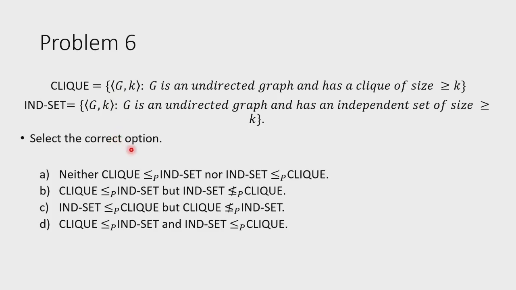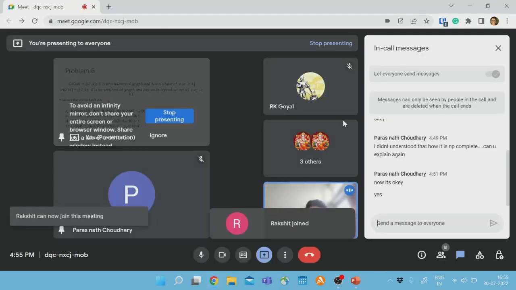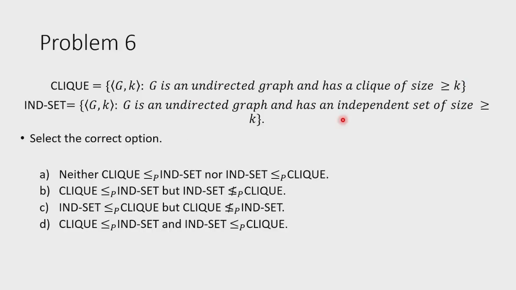So here we have to select the correct option. There are four options. The first: neither clique is polynomial time reducible to independent set, nor is independent set polynomial time reducible to clique.